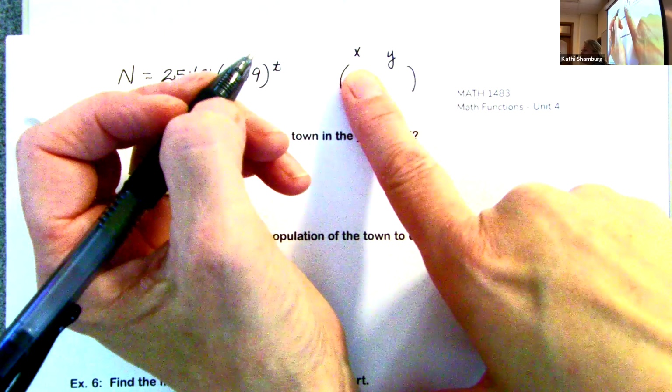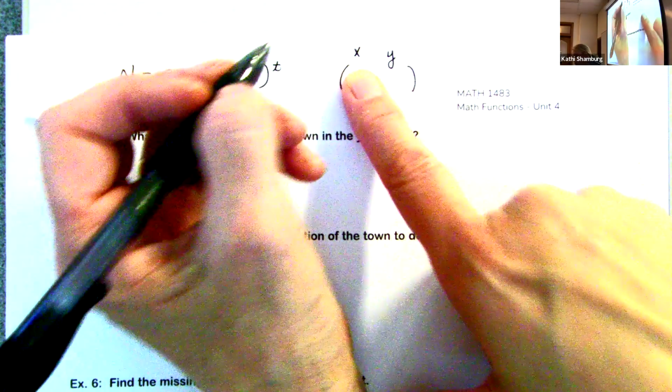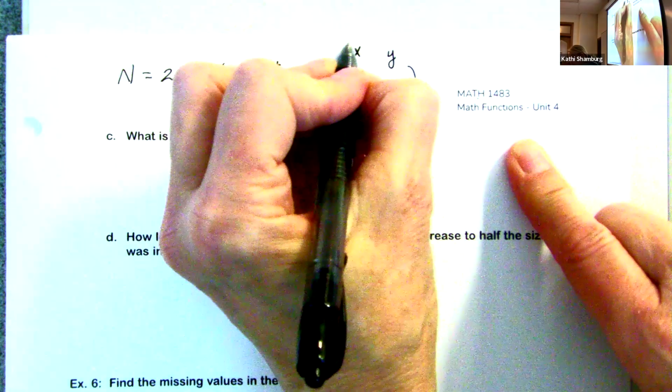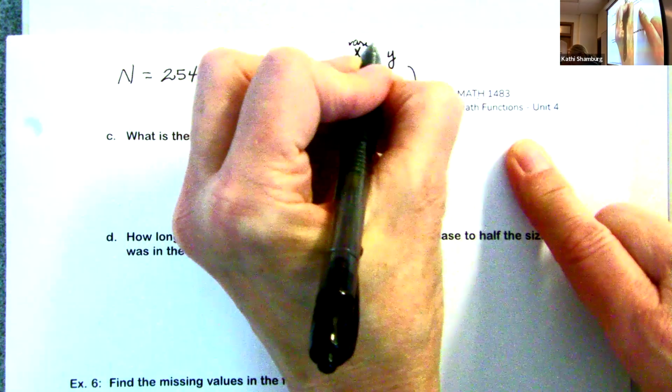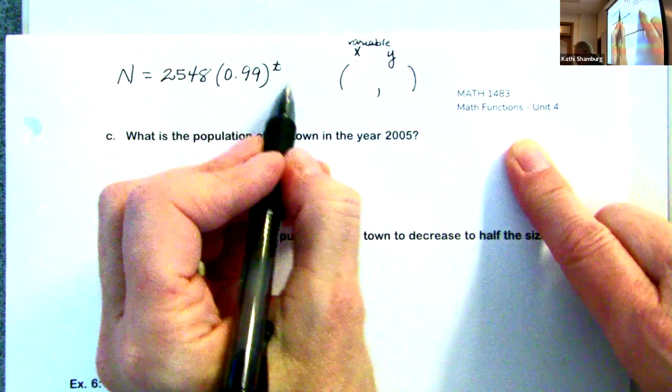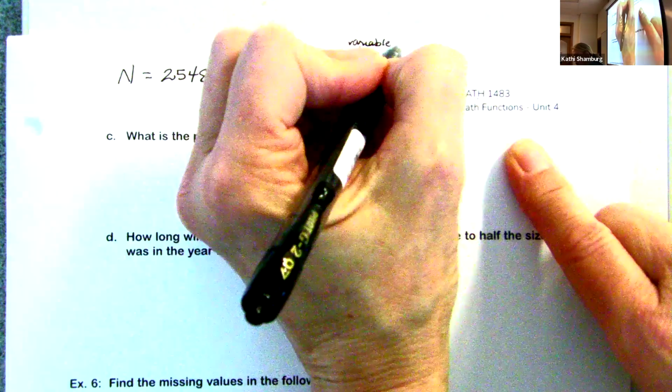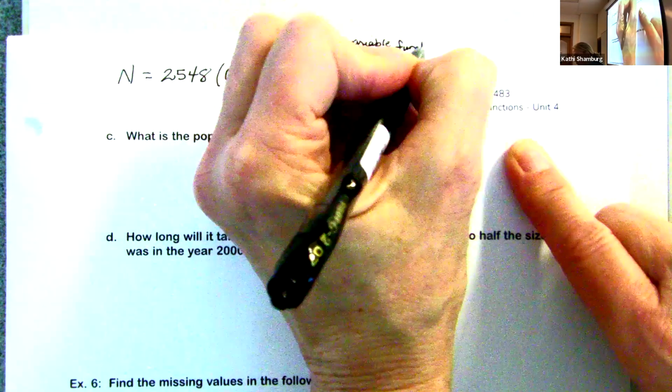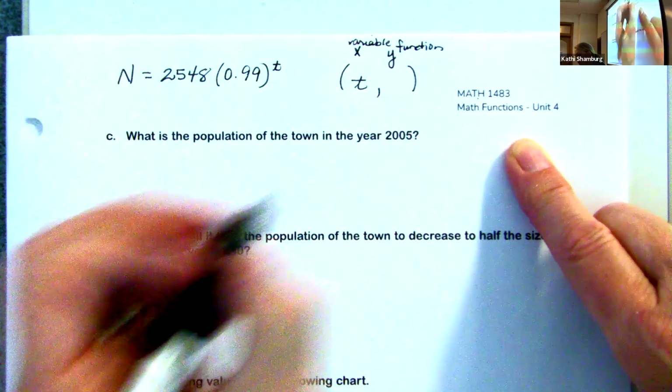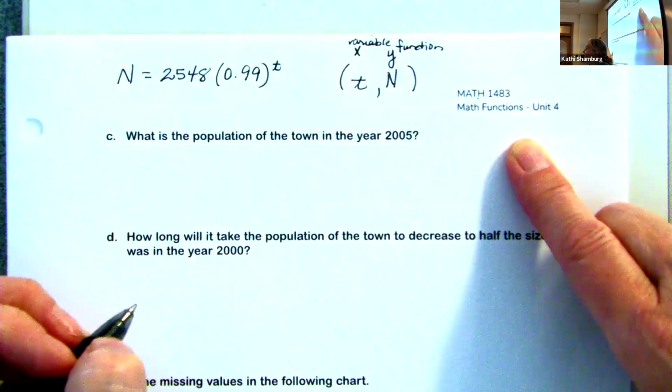The first one is always the variable, which in our calculator is x, but our variable for this is t. Y is always your function in your calculator, and for us, we defined the function as n.